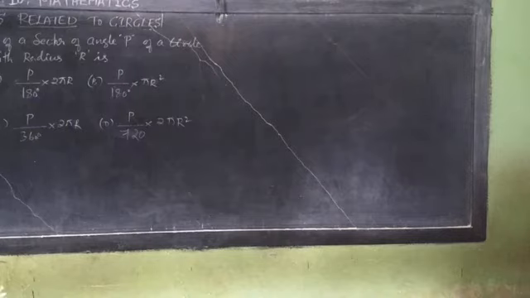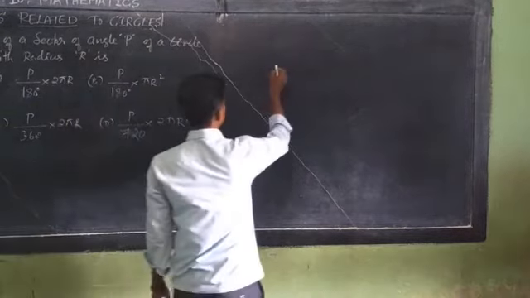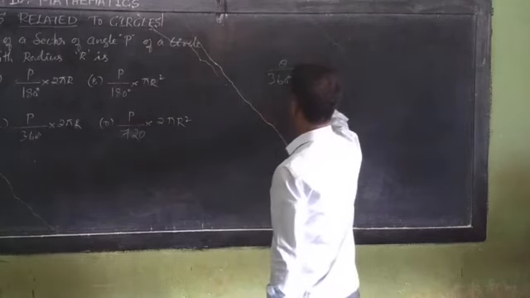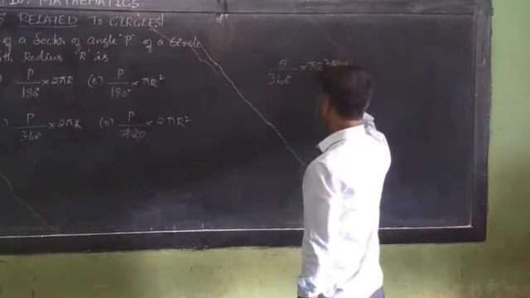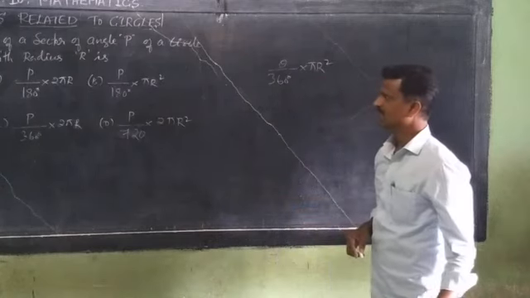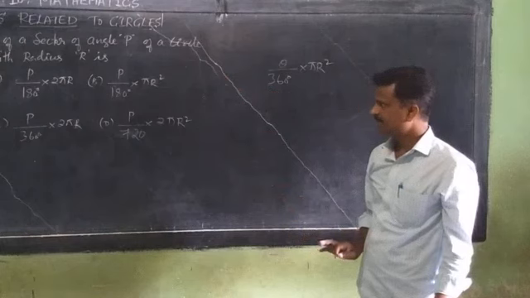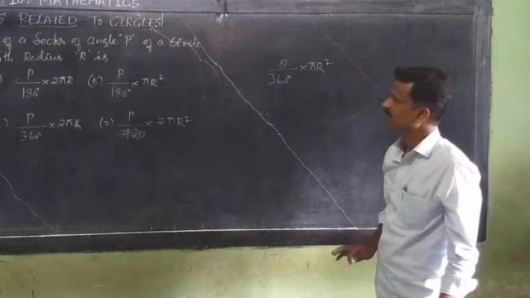We know that the area of the sector is theta by 360 into pi r square. Here theta can be taken as P. So P by 360 into pi r square.